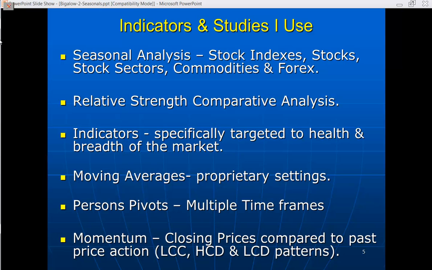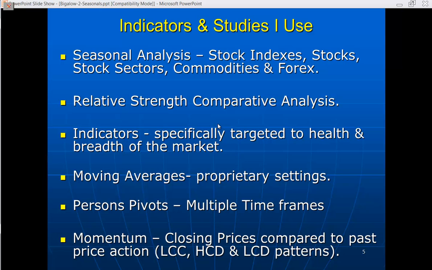I'll show a chart with you just to illustrate what I'm talking about. Also, I use indicators specifically targeted to the health and breadth of the market. Now, we use advanced decline comparative ratio analysis, and I know a lot of people use breadth indicators as it relates to the stock indices.